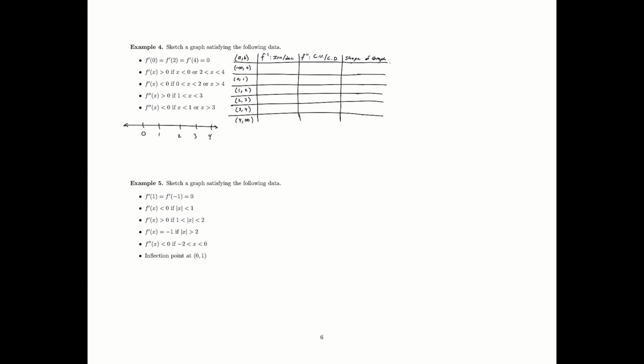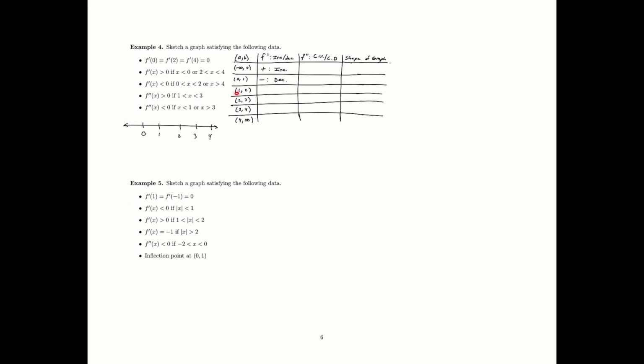So what do we know about less than 0? For x less than 0, the first derivative is positive, and that means increasing. So between 0 and 1, if x is between 0 and 2, that's included here, so this would be negative, which would mean decreasing.